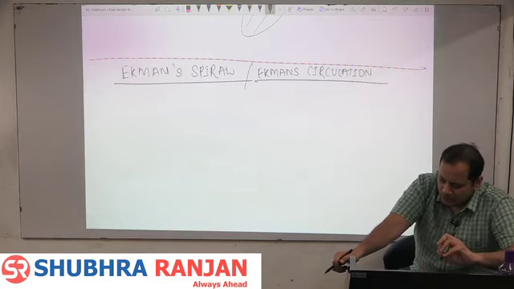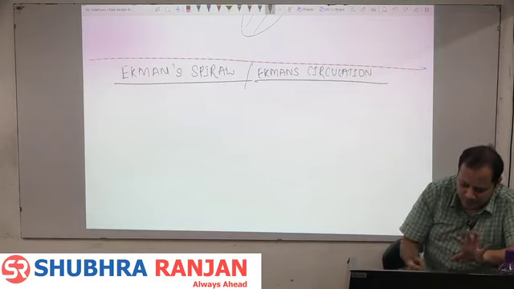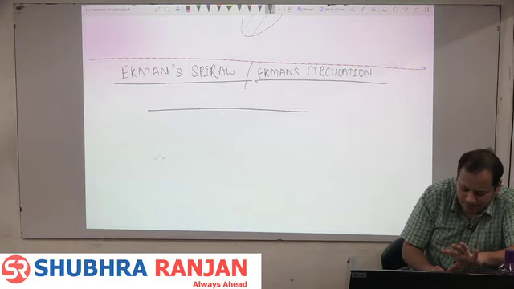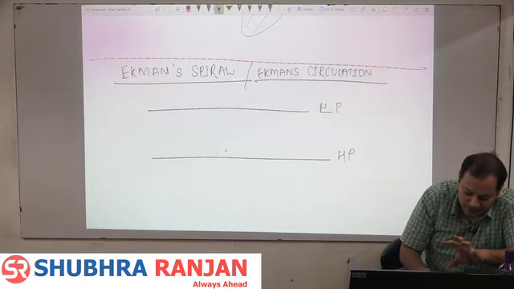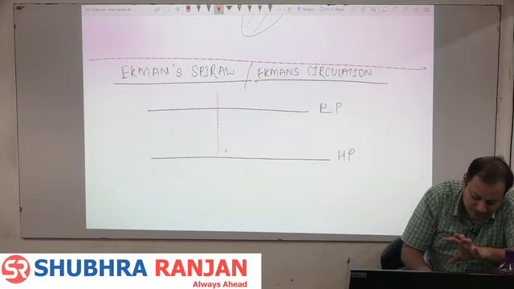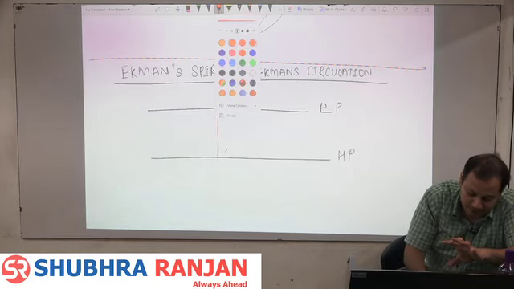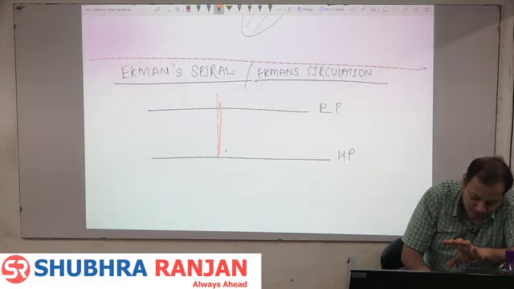Now those who don't know climate, and even those who know the climate, you know winds always flow from high pressure to low pressure. Why? Because wind is attracted by a force known as the pressure gradient force. So the pressure gradient force, that is the difference in the pressure conditions, always acts from high pressure to low pressure. So can I say this is the direction of the pressure gradient force?